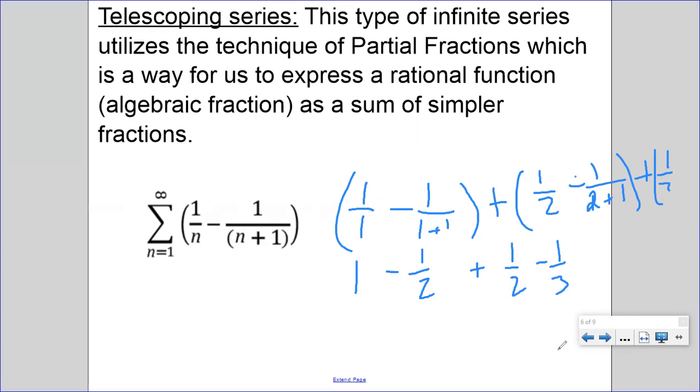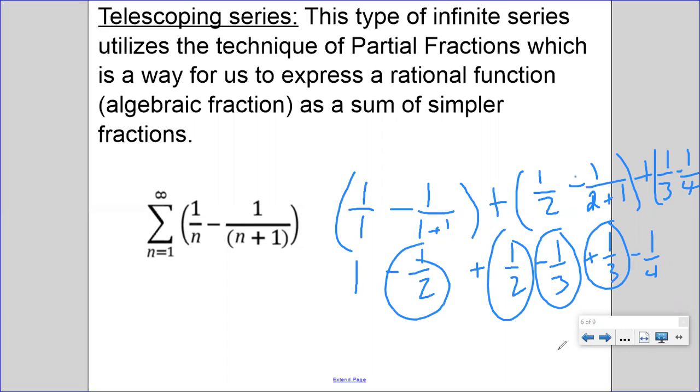We get 1 over 3 minus 1/4. And everything starts to cancel each other out. This cancels with this cancels with this. And this will keep going all the way up until you get to essentially a plus 1 over n minus 1 over n plus 1.